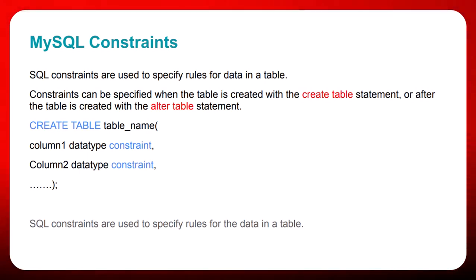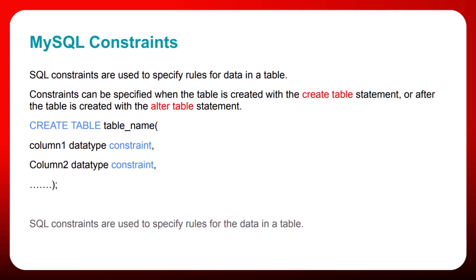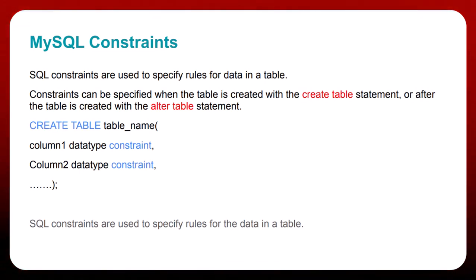For example, I don't want to have 0. I don't want to have a missing value, etc. Now you might have the question, okay, so what are the constraints, right?